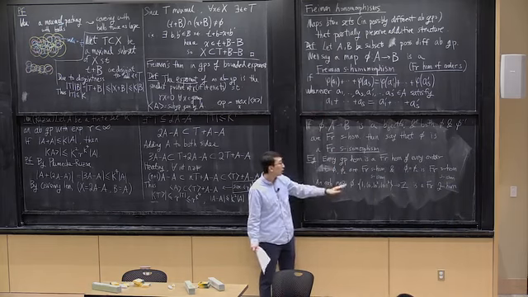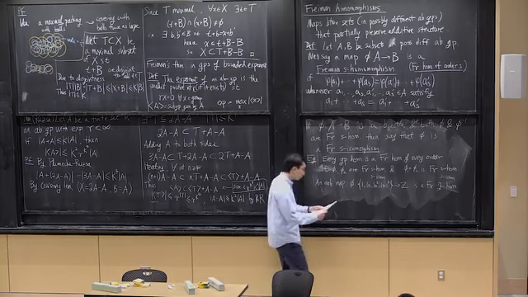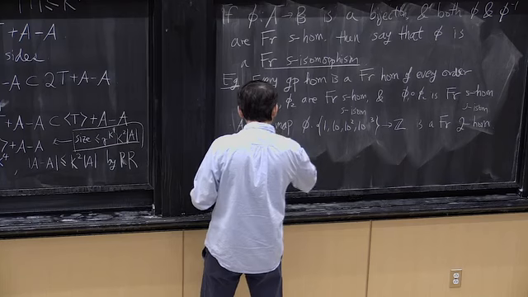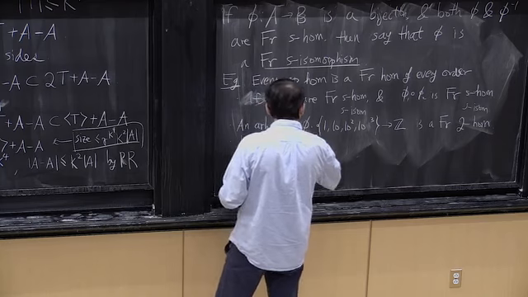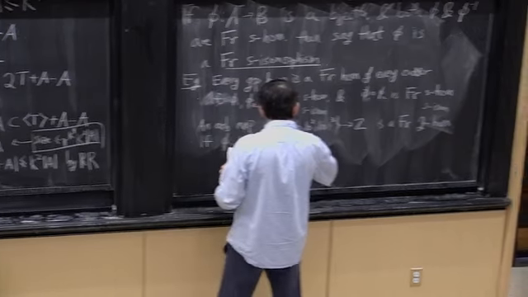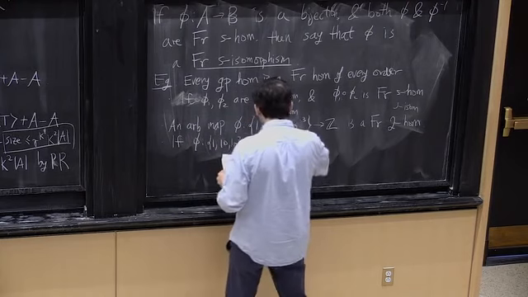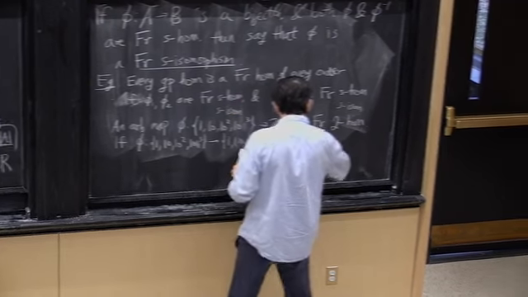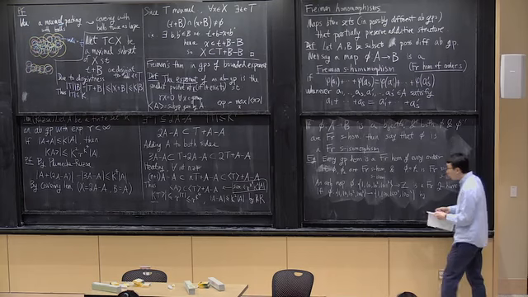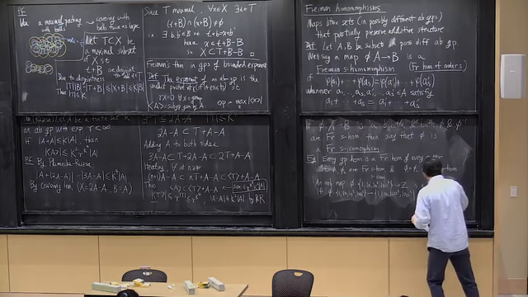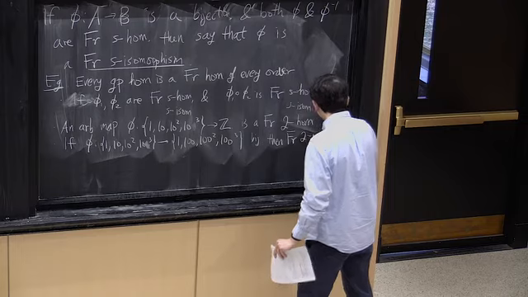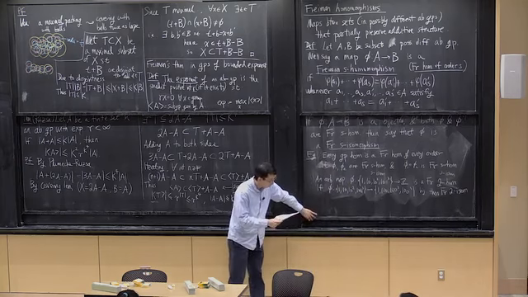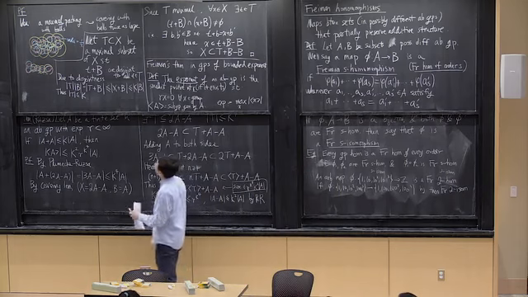So an arbitrary map here is a Freiman 2 homomorphism. And if you have a bijection between two sets both having no additive structure, then it's a Freiman isomorphism of order 2. Let me give you a few more examples.